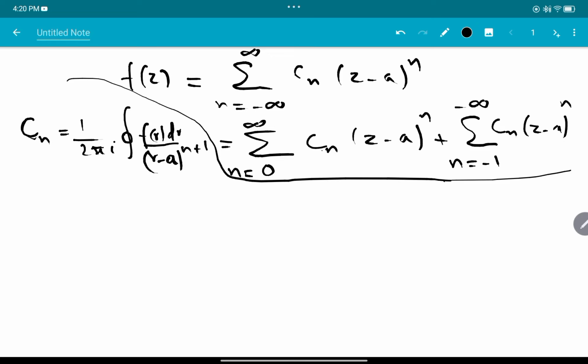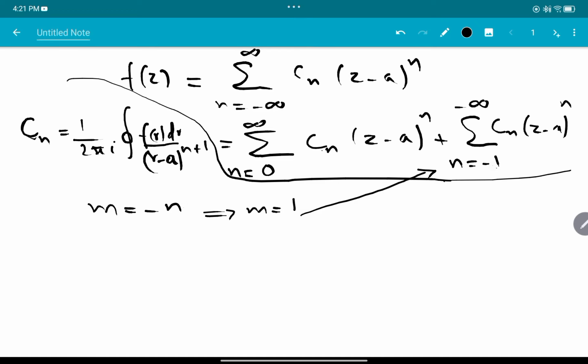If I change this by letting m equal to -n, replacing -n by m, then if n is -1, m is +1.